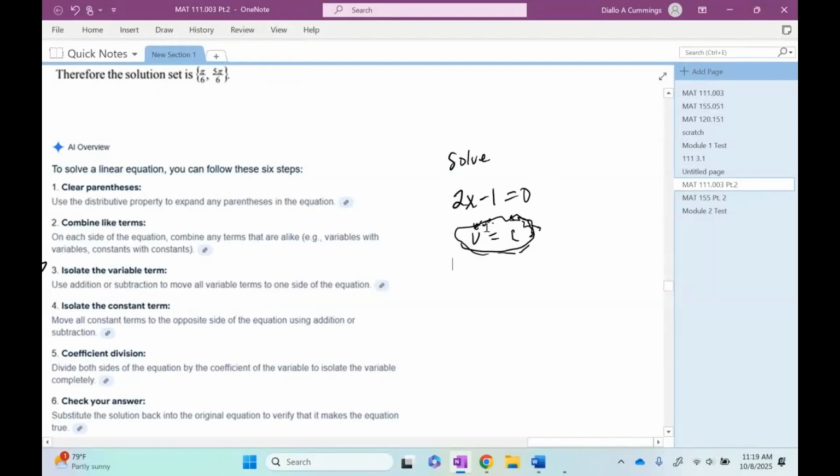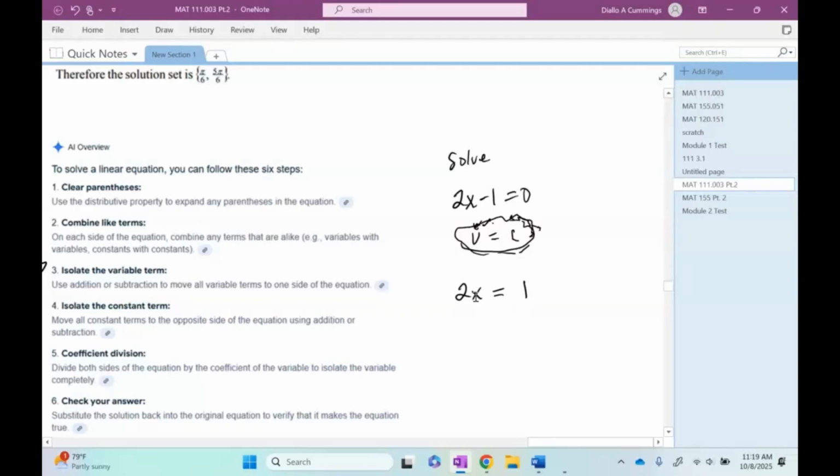So on the left-hand side, I only want variables. 2x is a variable, so it's okay on the left. -1 is not a variable, so I'm going to transpose it to the opposite side of my equation. So when I transpose, you simply change the sign.